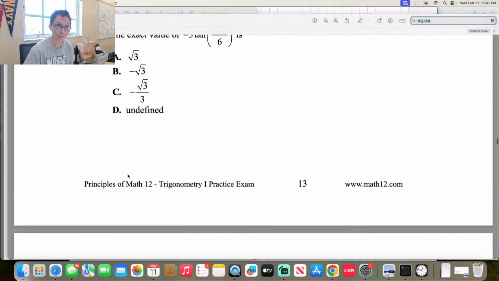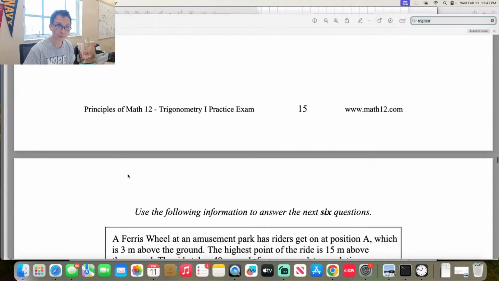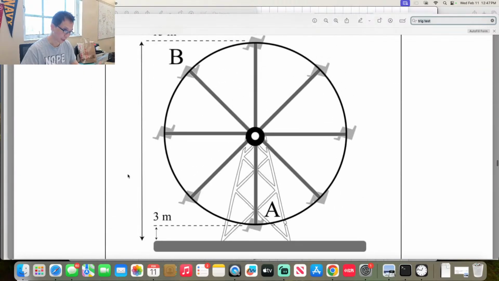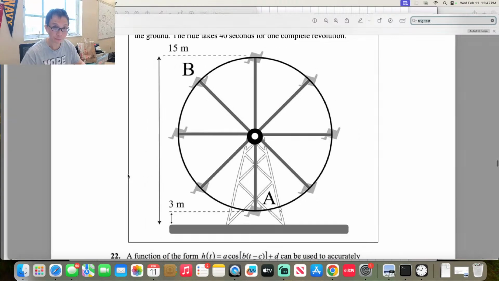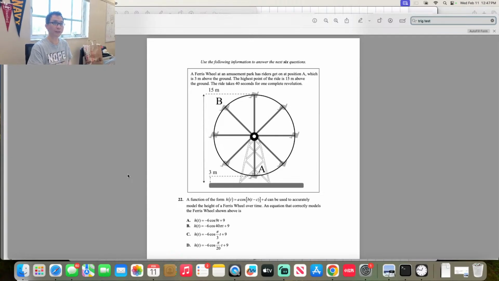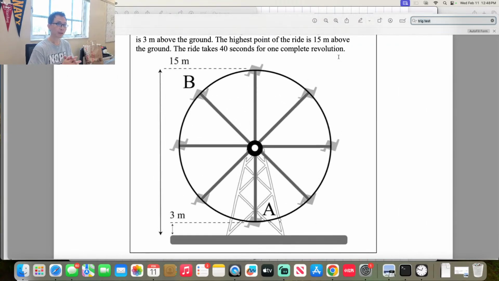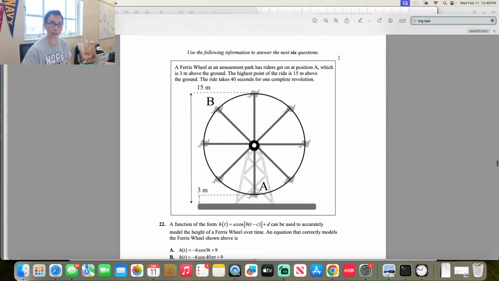Okay, we're gonna start with this question. I'm just gonna zoom in a little bit because we're gonna use cosine. Now you're gonna look at this. Let's read all the information for this.